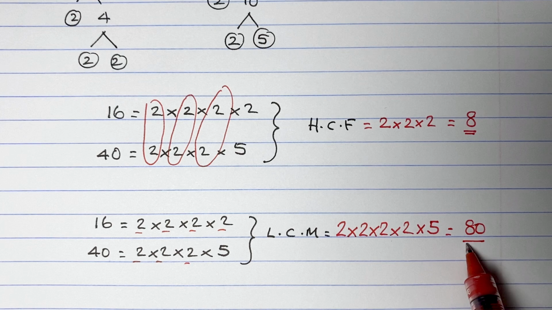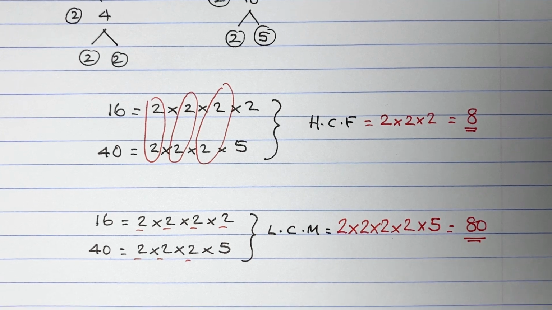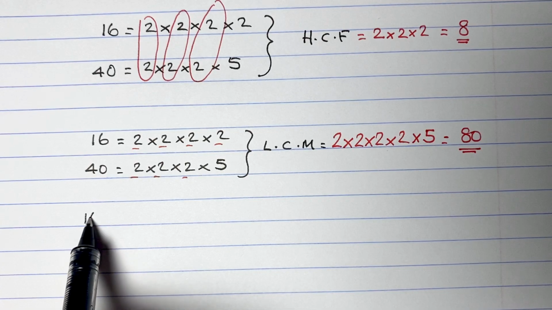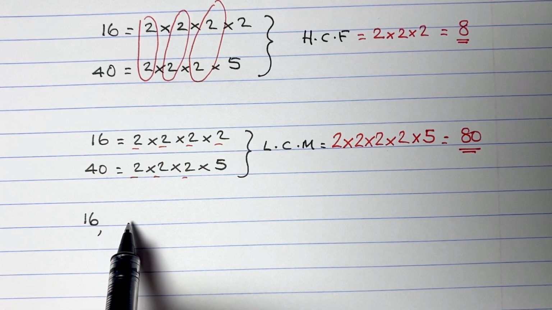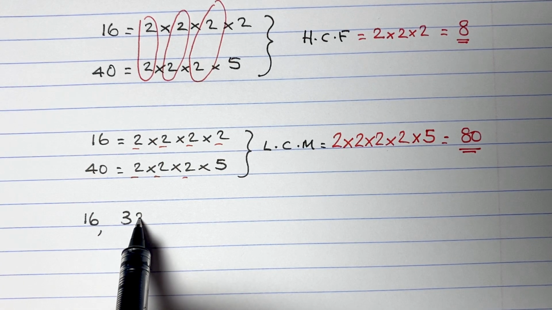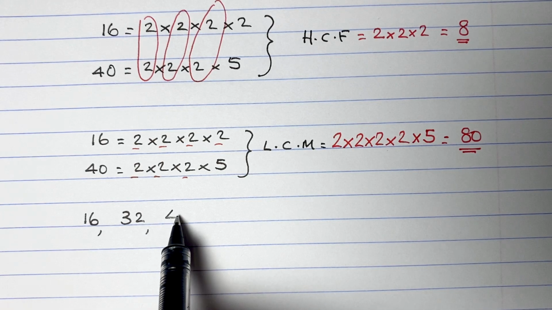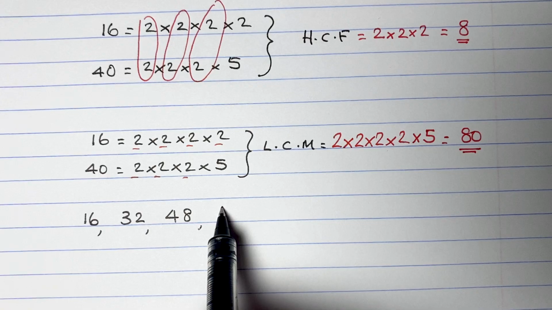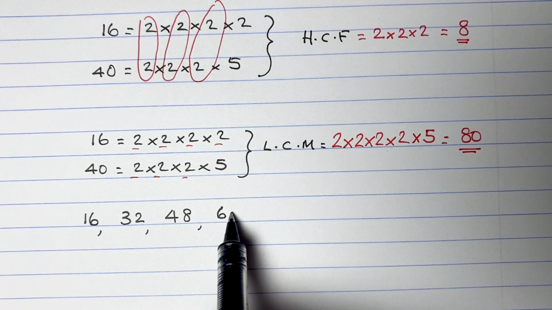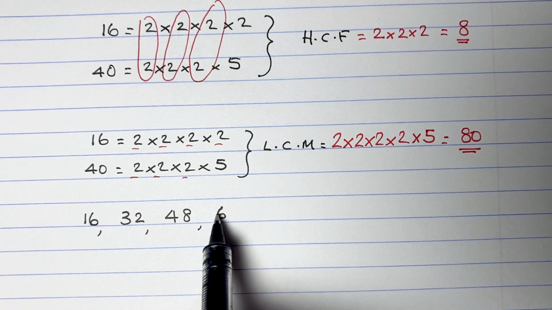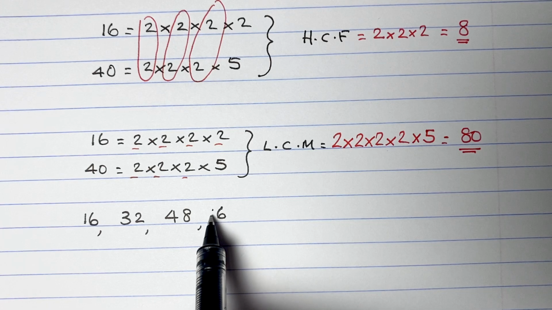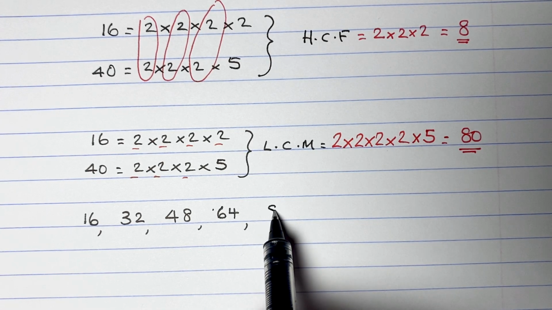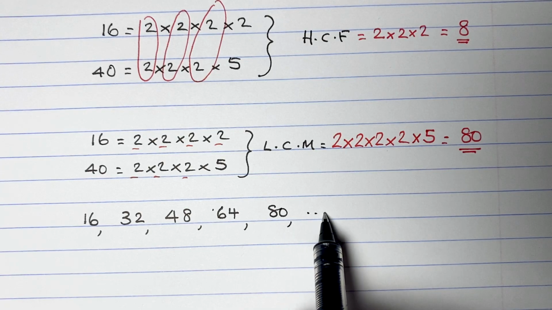So 80 is the lowest common multiple, which you can always check by the other method. Write multiples of 16: 16, 32, 48, 64, 80, and so on.